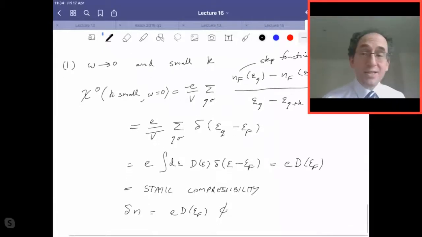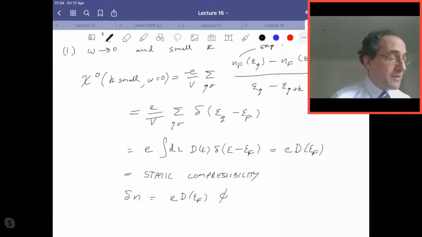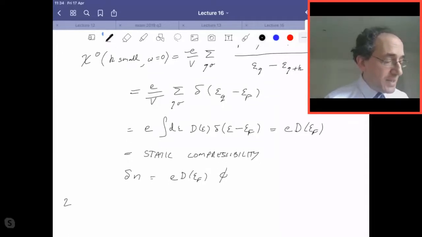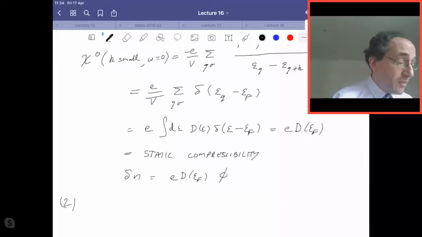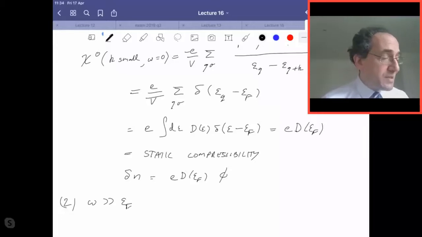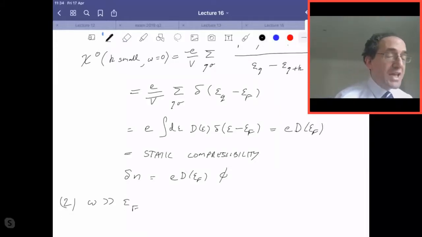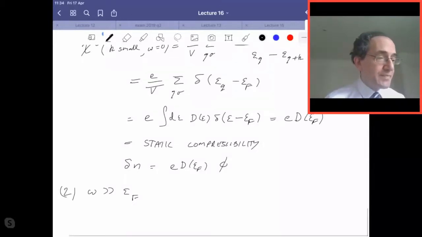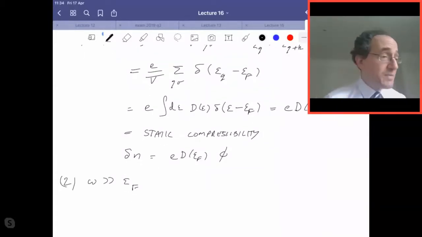Okay, so that's a nice limit. We got that right. The second limit is perhaps more interesting. We'll take omega much greater than E_F, a very high frequency response, and it's actually worthwhile to do this calculation in three different ways, because each one teaches us something.